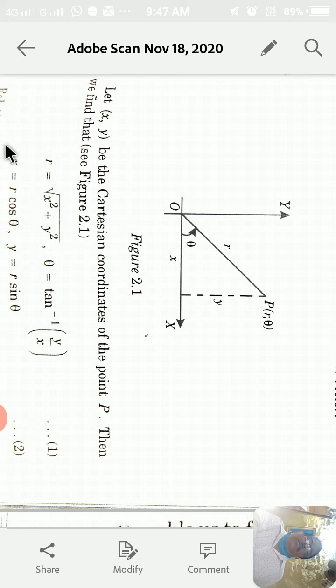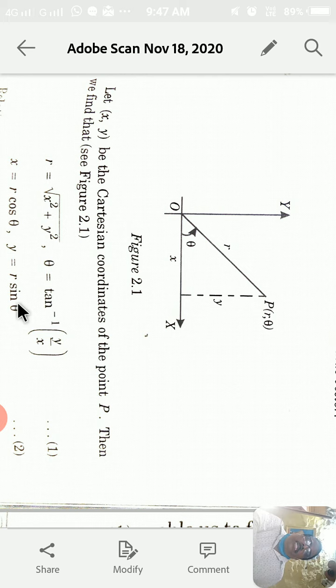And to satisfy this equation, we put x is equal to r cos theta and y is equal to r sin theta. Now in equations 1, r is equal to the square root of x square plus y square and theta is equal to tan inverse of y by x.